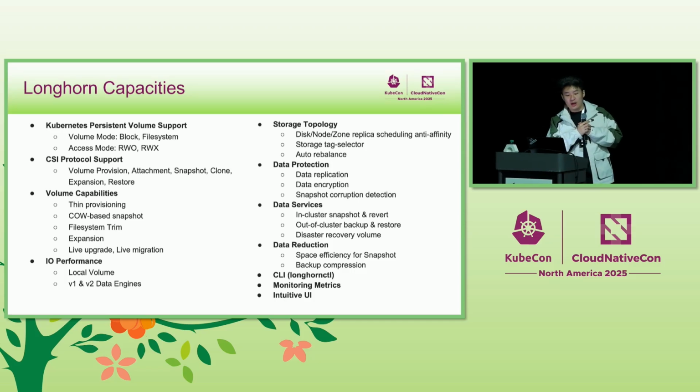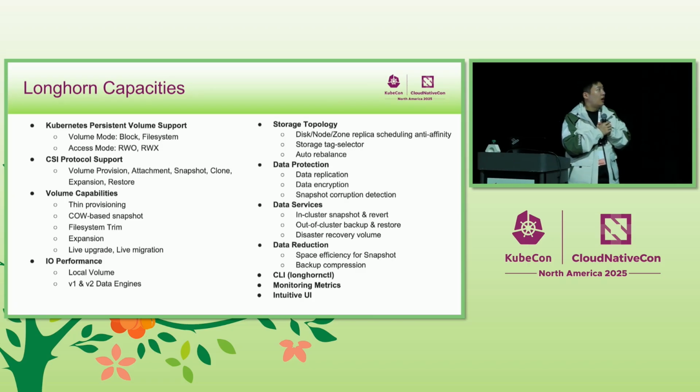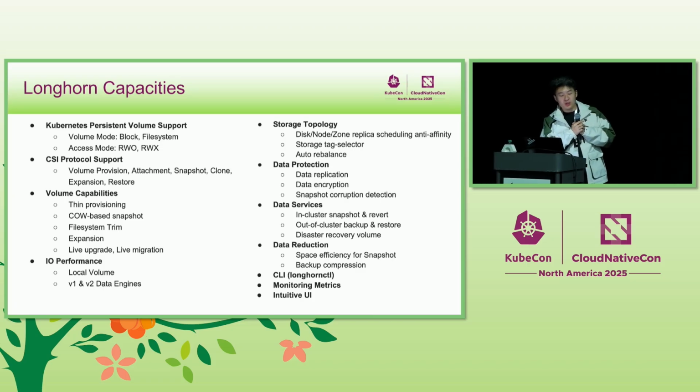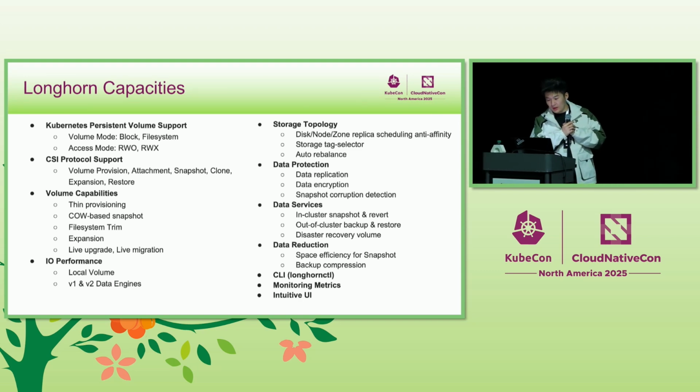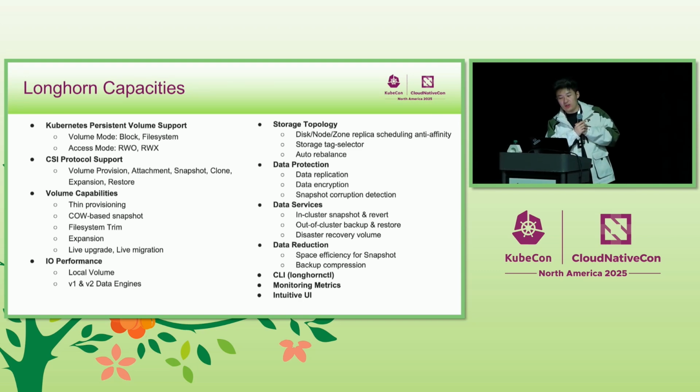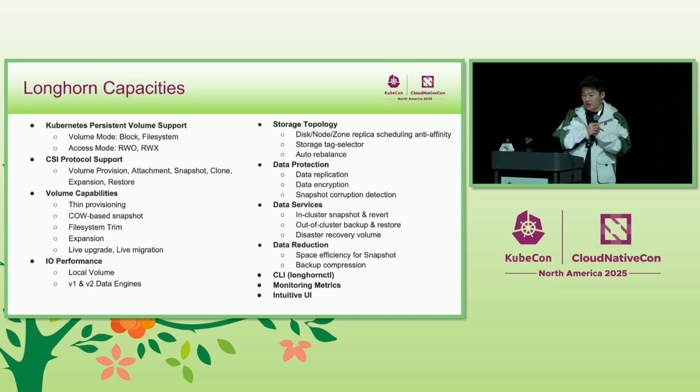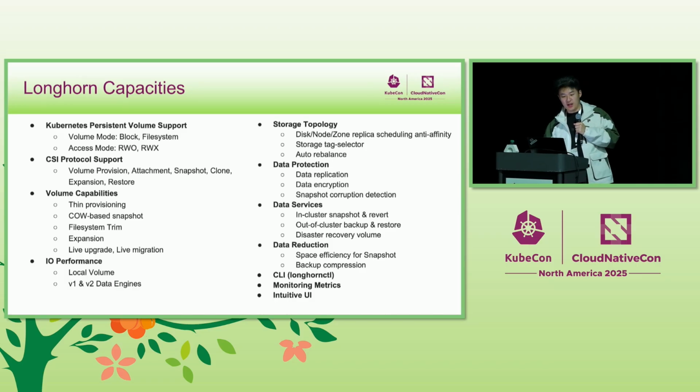And a Longhorn volume has multiple capabilities, not only related to the block storage layer, we also support file system trim and expansion. Based on that, we have a bunch of data protection and data services, including replication, encryption, bit rot detection, snapshot, backup and disaster recovery. We will introduce some features in the upcoming pages.